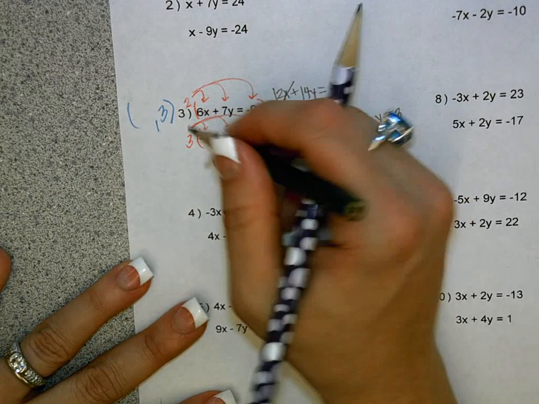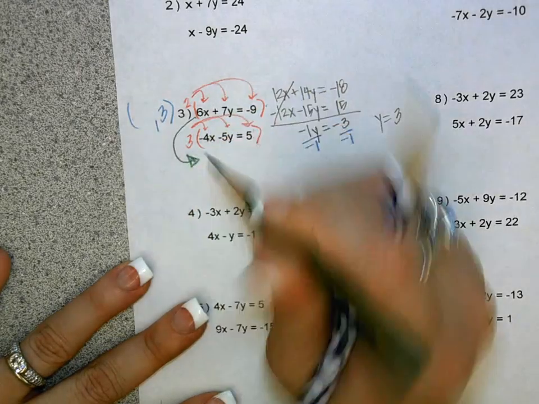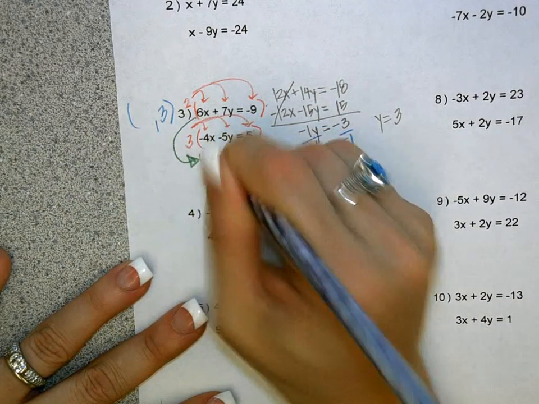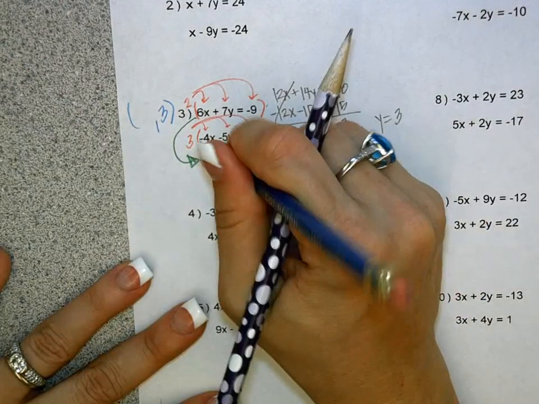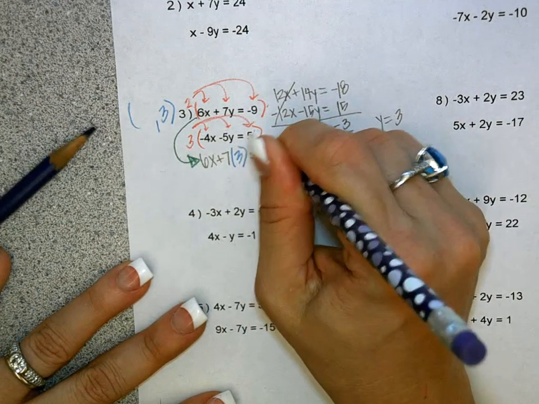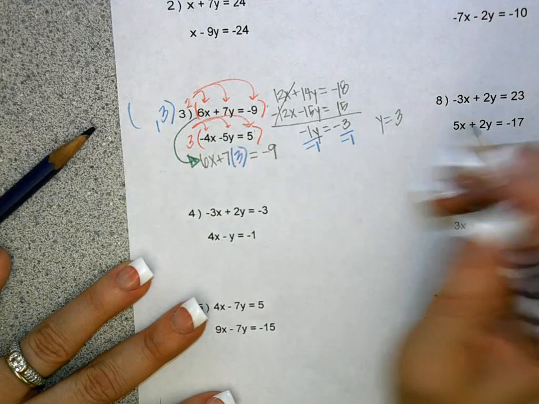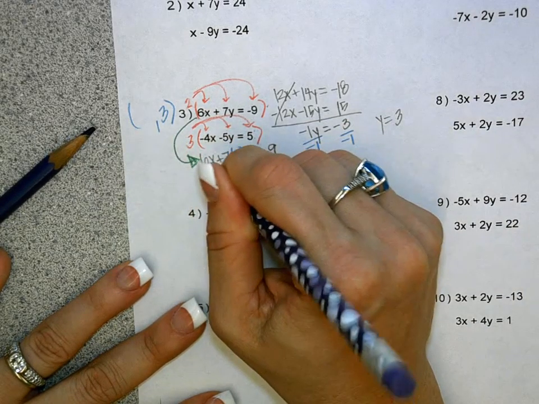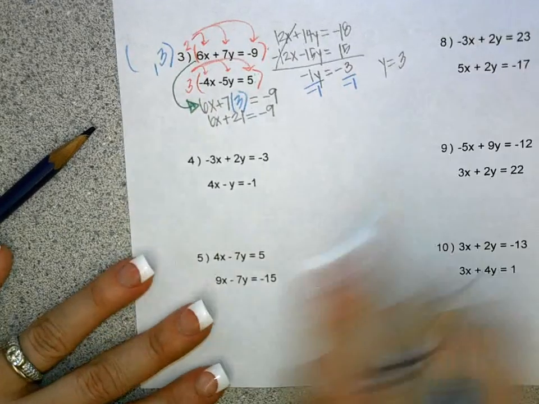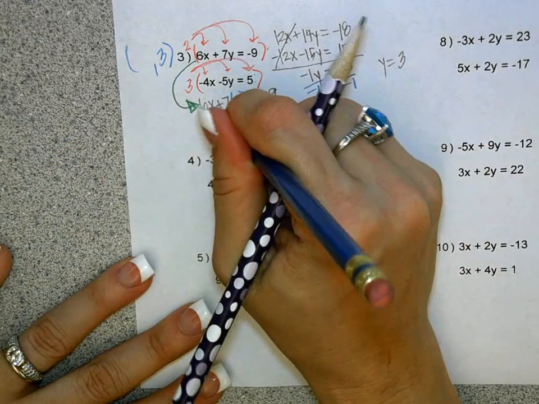I'm going to choose this equation because it has the least amount of negatives. So 6 times x plus 7 multiplied by 3 is equal to negative 9. And then we're going to work that out. So 6x plus 21 equals negative 9. Subtract the 21.